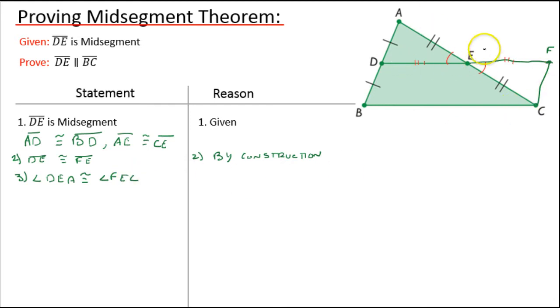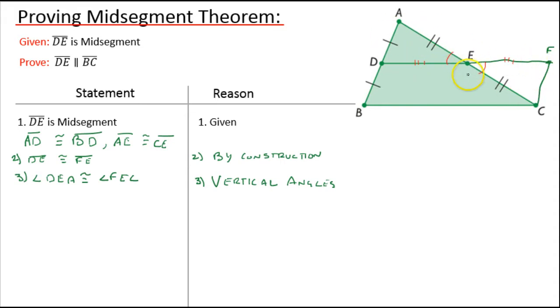So this angle here is congruent to this angle here. These two angles are congruent by the definition of vertical angles. Okay, vertical angles. Cool.